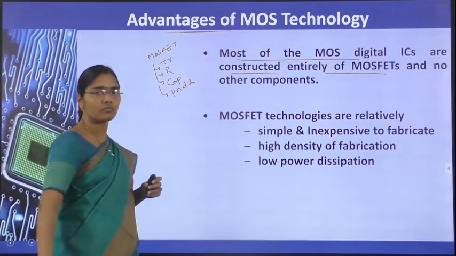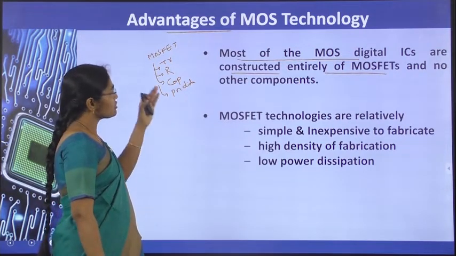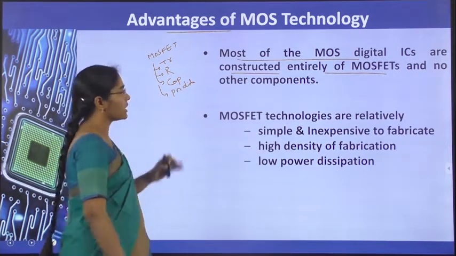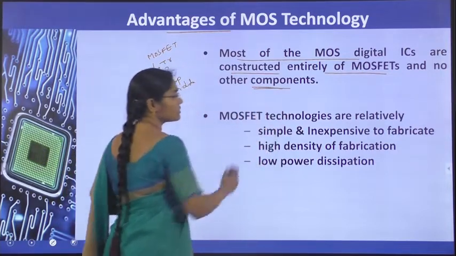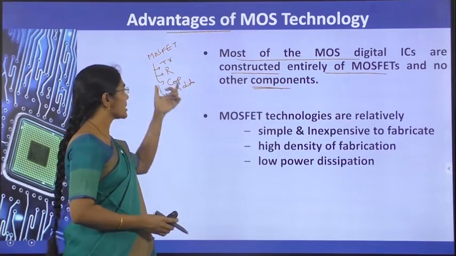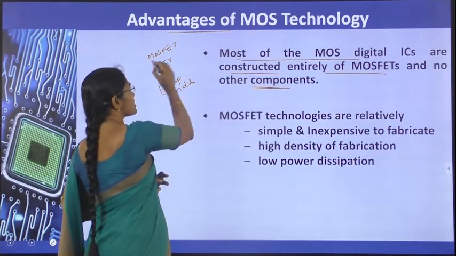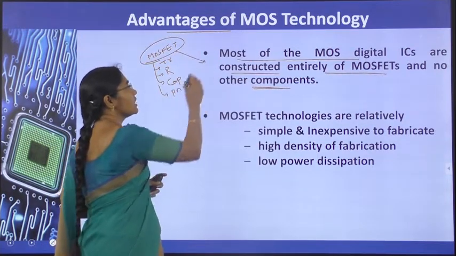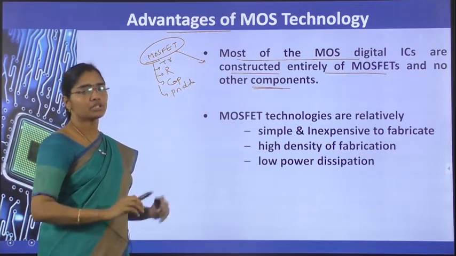That means in place of each and every component used in a circuit, that can be realized and implemented with the PMOS transistor. Because of this, the total IC is built with MOSFETs.